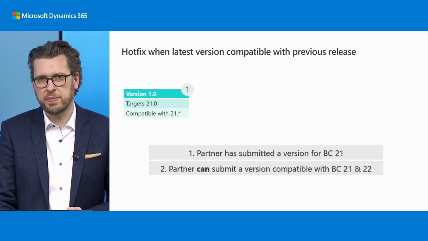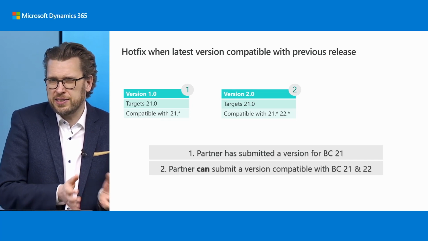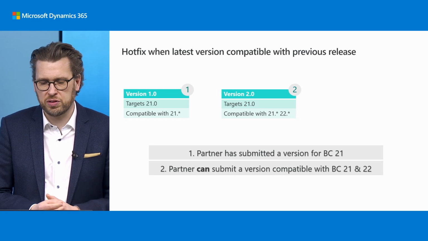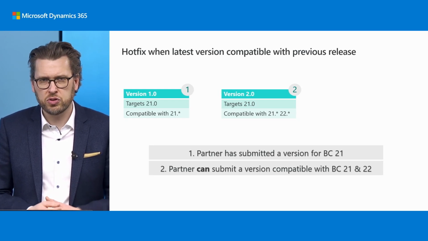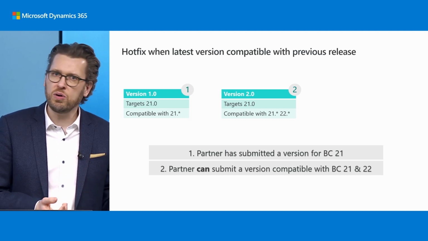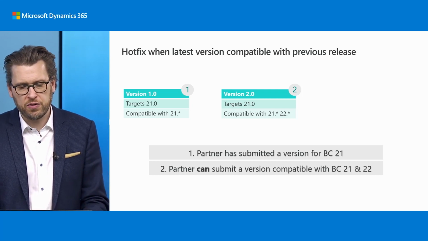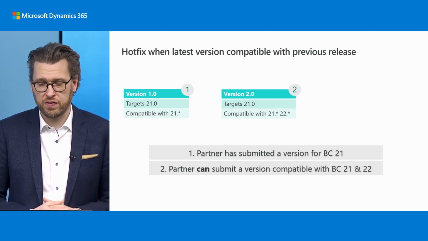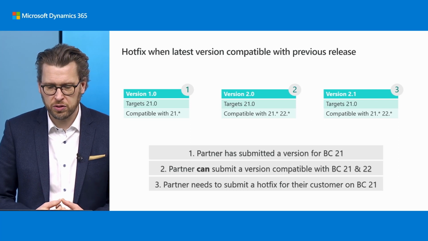And then you submit a new version which is compatible both with this existing Business Central as well as the next major Business Central, the one that we are launching now and is upcoming. So you basically have your app here, and that app is compatible with both the old version and the new version. That's great, right? If you then want to fix something, you want to provide a new version of your app, that's just straightforward. You submit a new version.